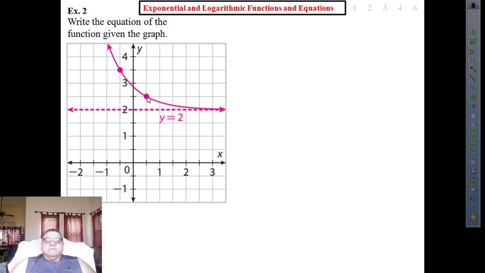The first reference point is at 1/2 of x and 2.5 of y. The other reference point is at negative 1/2 of x and 3.5 of y. Copy that, and then I'll go over the example.